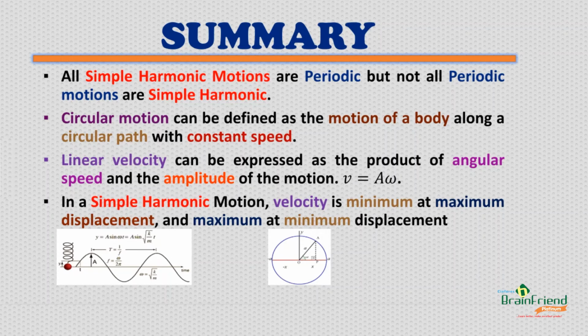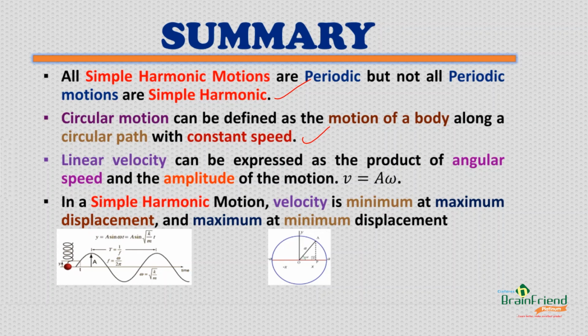Having solved that example, we have come to the end of this class. But before we go, let's take a quick summary of all we've done so far. First, we learned that all simple harmonic motions are periodic, but not all periodic motions are simple harmonic. We also defined circular motion as the motion of a body along a circular path with constant speed.